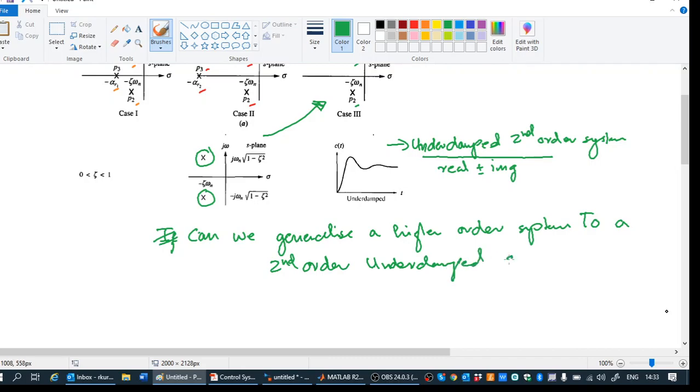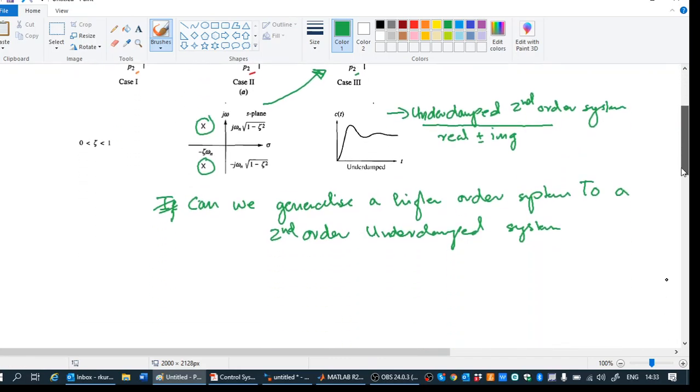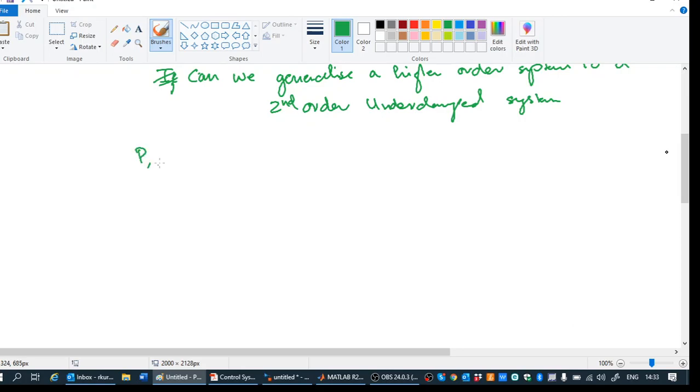In this case, you'll see that these two poles, P1 and P2, are called the dominant poles.